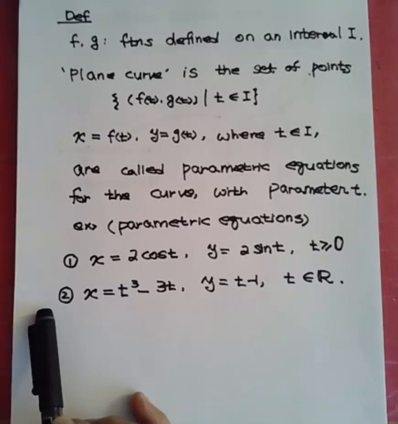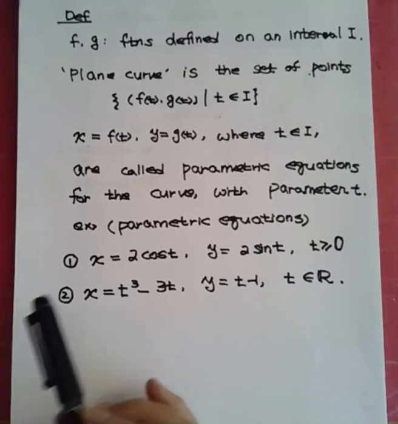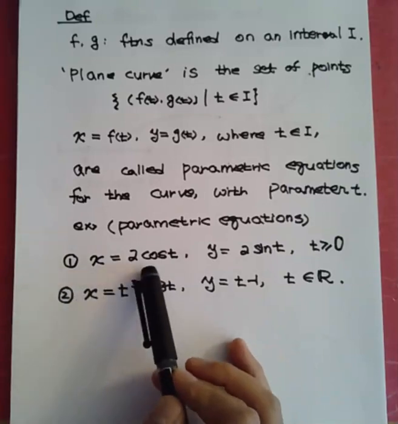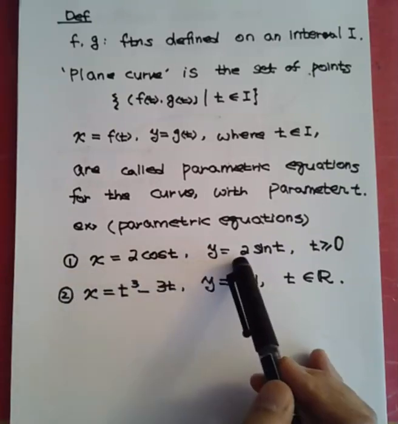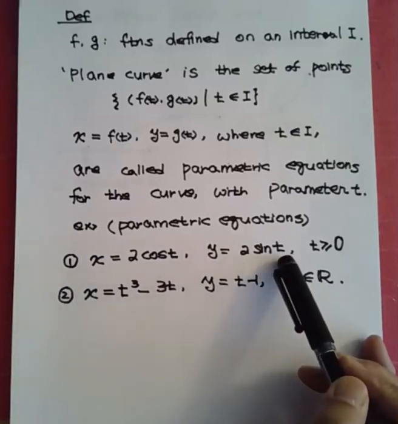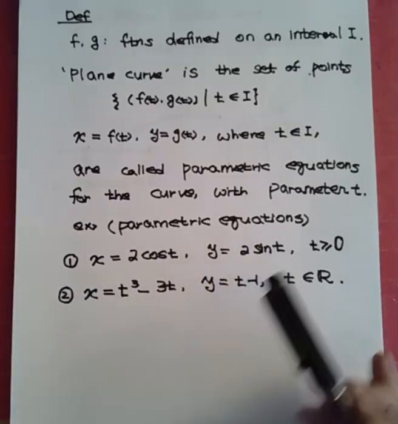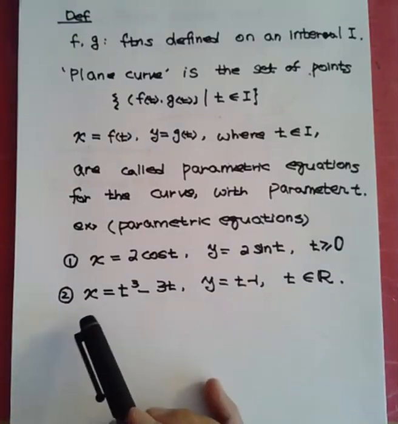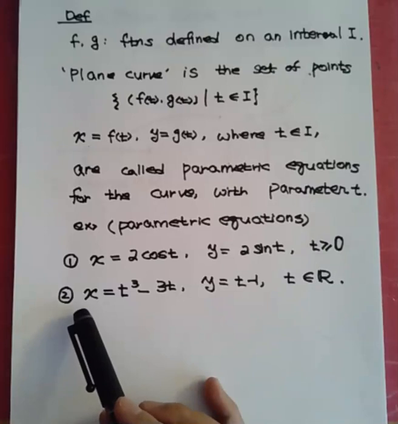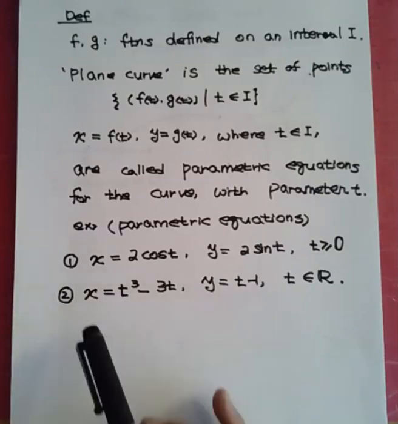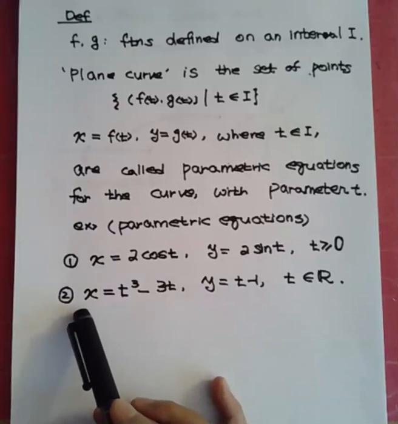Those are just the equations for x and y. For example, x equals 2 cosine of t and y equals 2 sine of t. If we combine those two equations, then we can draw a plane curve. These two equations don't use trigonometric functions.